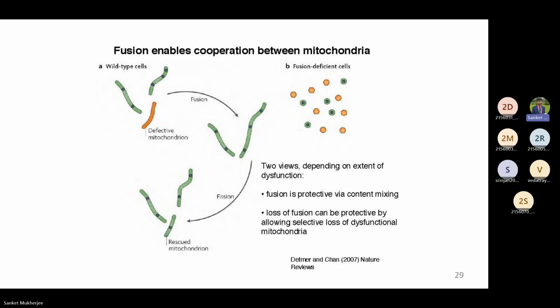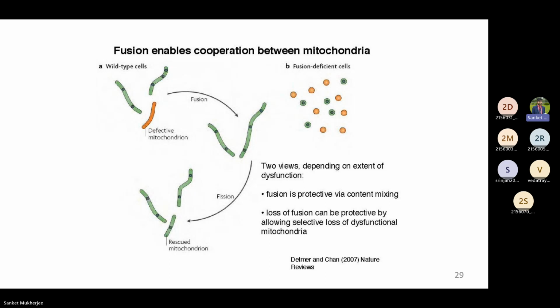Then there is another view, that if there is a lack of fusion, there will be mitophagy of the defective mitochondria. The ones which are not working properly, let's say the orange mitochondria, will be killed. But the rest, which remain in the cell, are actually the good mitochondria.